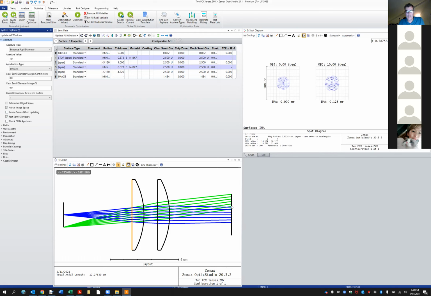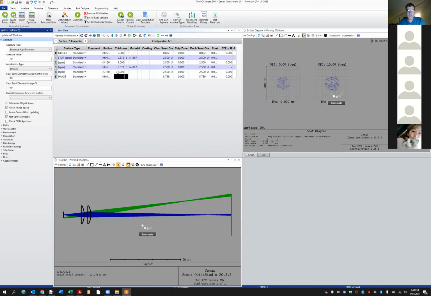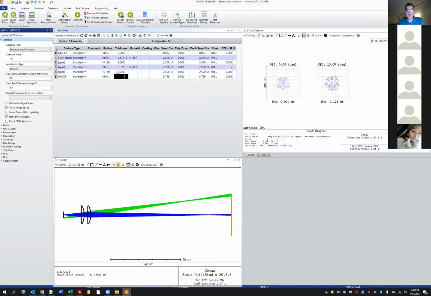Like they're going to eventually, if we moved this far enough away. Less. It's less than a focal length away? The object is less than a focal length from the lens?